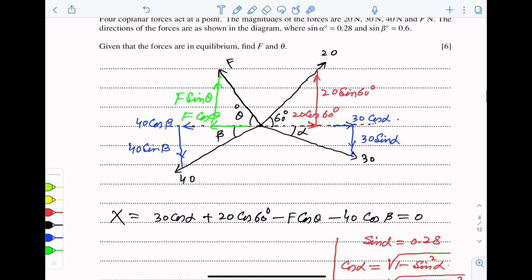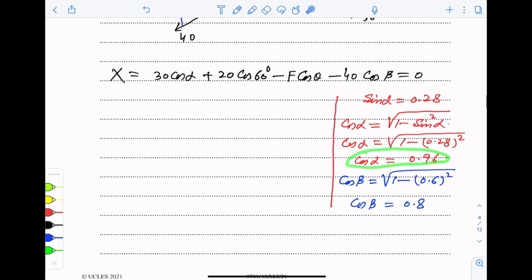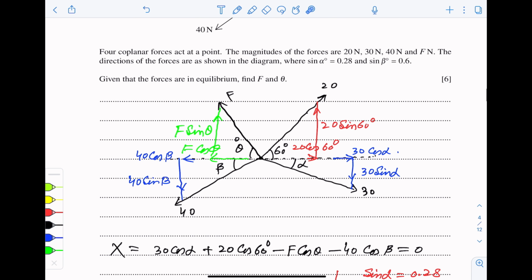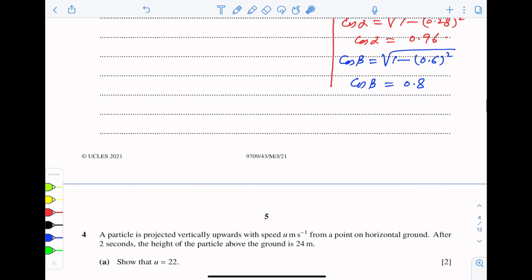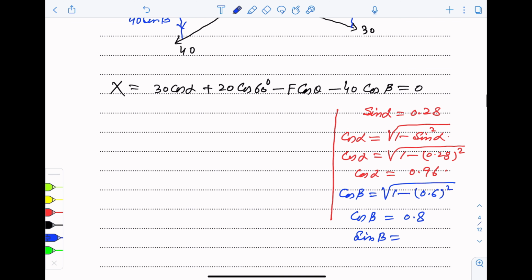Now we will use these values here. The value of sin alpha is given, cos alpha is also given, and sin beta is given as 0.6.